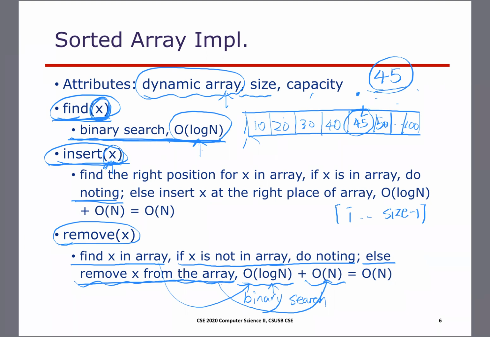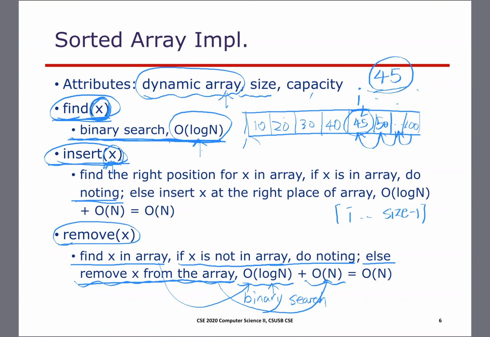I still use this example. We want to remove the element 45 in this array. Remove means we use 50 to override 45, then use 60 to override 50, and then use 100 to override 90.